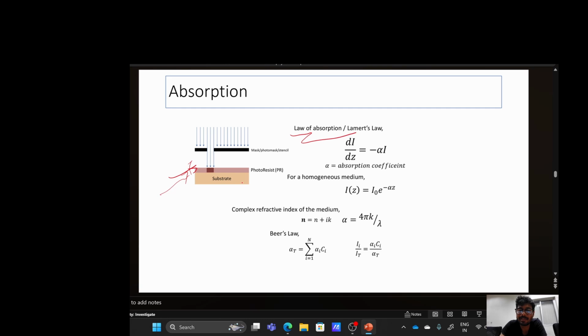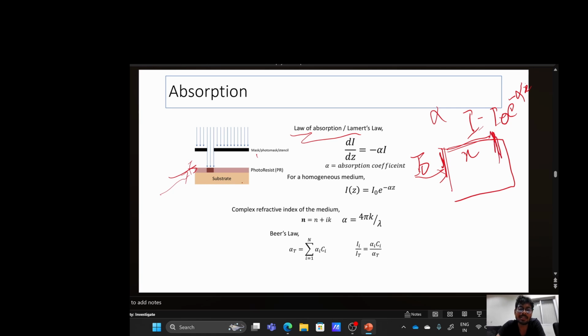According to the Beer-Lambert law, the light is absorbed as it passes through the material thickness. Light with intensity I naught enters, and with absorption coefficient alpha, at distance x the intensity is I = I naught e to the power minus alpha x. The intensity is reduced, and that much light is absorbed in the material, which drives the chemical reaction.